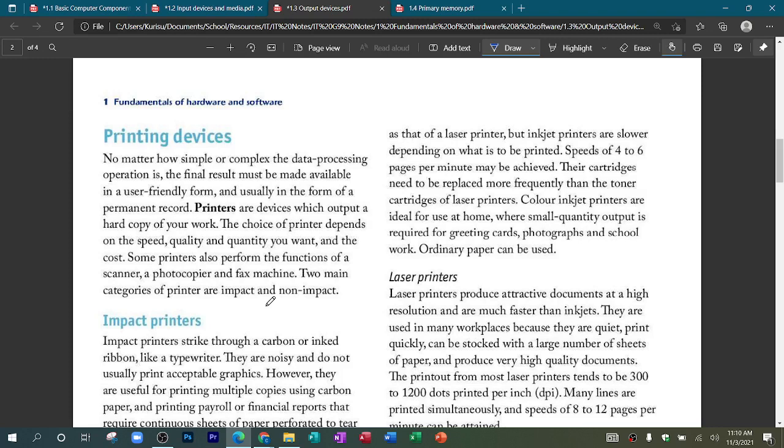There is the impact printer, which touches the paper, and the non-impact printer, which does not make any contact with the paper. Remember, I told you already, a lot of things in IT you can tell based on the name. Impact, it's making contact with the paper. Non-impact, there's no contact with the paper.